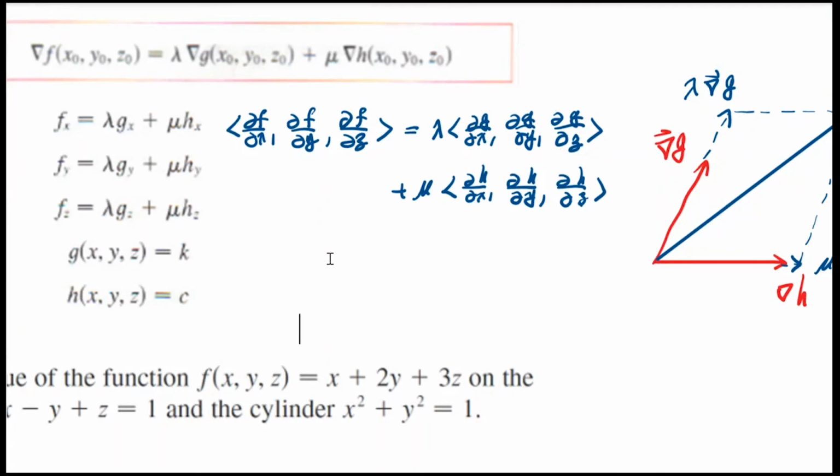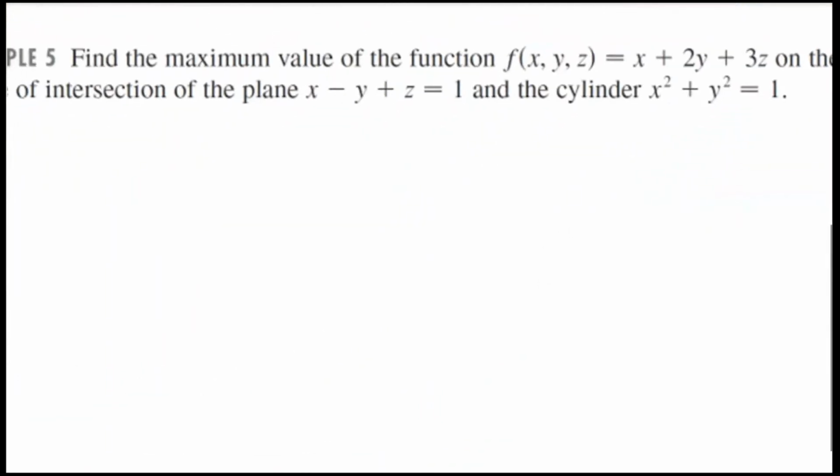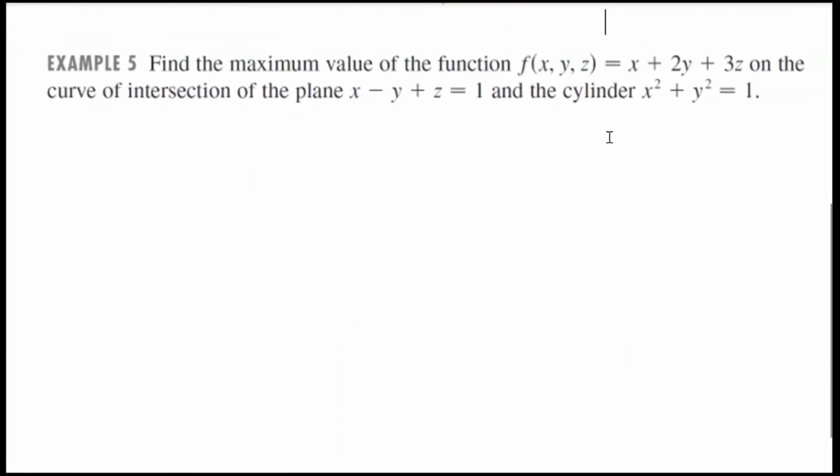Okay, let's take an example. Okay, so we have this 3-variable function, rather simple function, right? And which is on the intersection of this plane and that cylinder. So far so good. Okay.